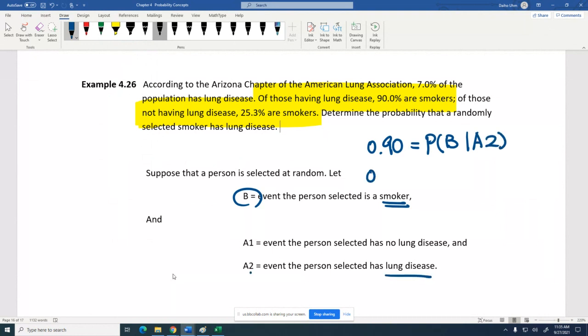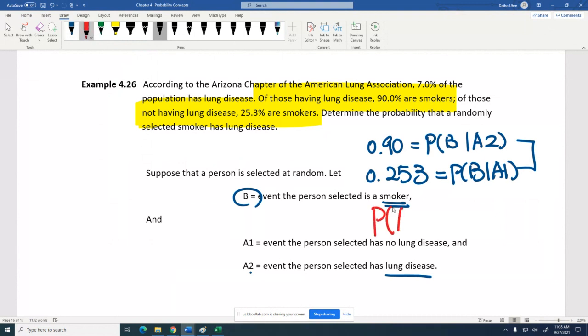And 0.253, that is the probability of B given A1. They were given, and we found the probability A2 given B. Good, right? Do you remember?